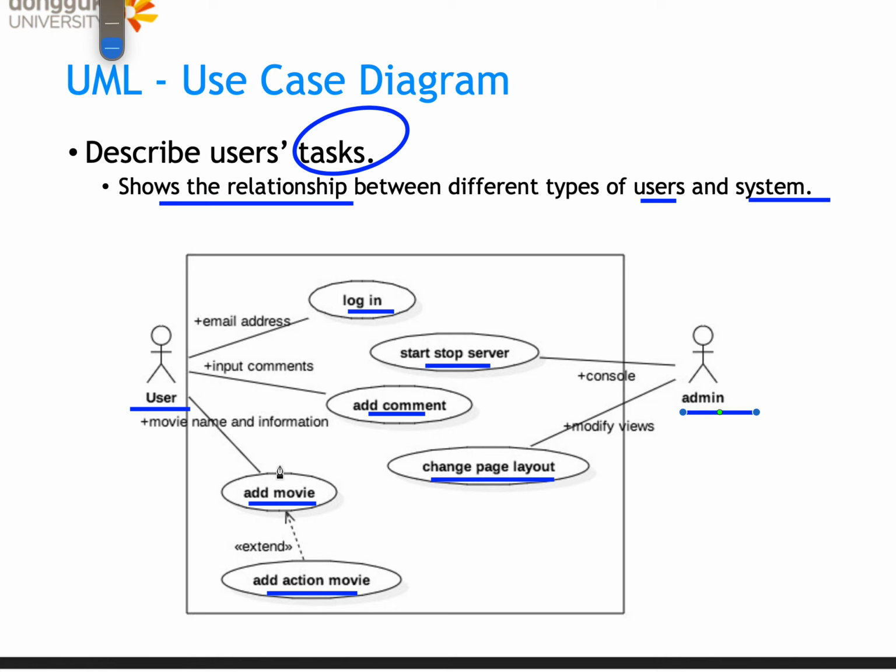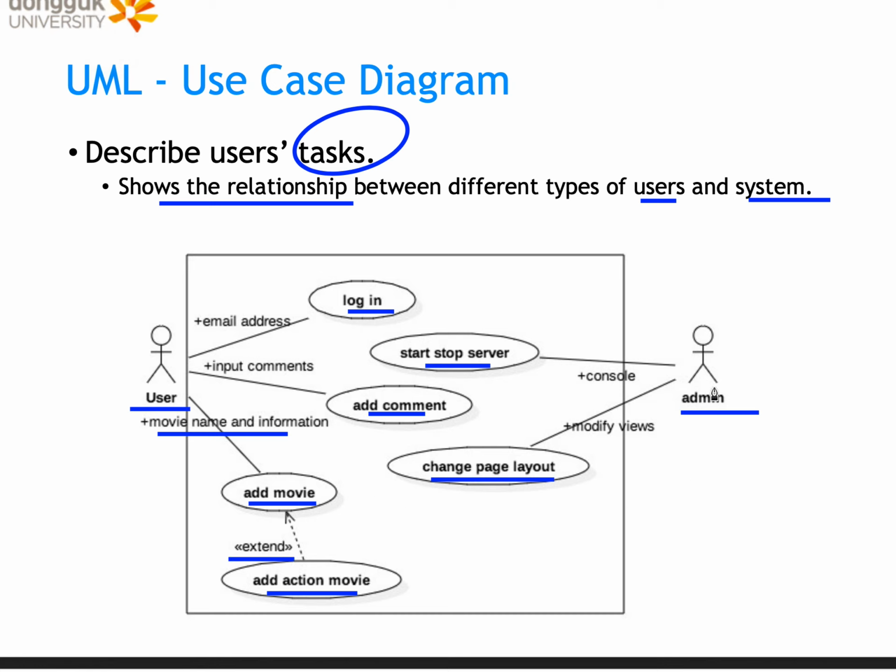To add a movie, you have to type the movie name and its information. Also there is add action movie, because movie and action movie have an is-a relationship. Action movie is a movie. So it is an is-a relationship, and they have inheritance. So you have to add extend because there is some inheritance relation.